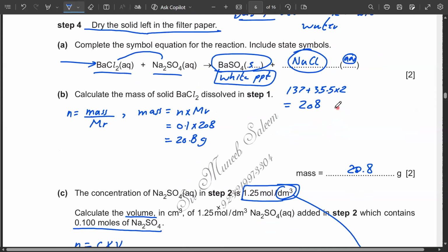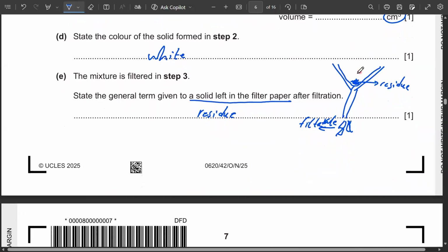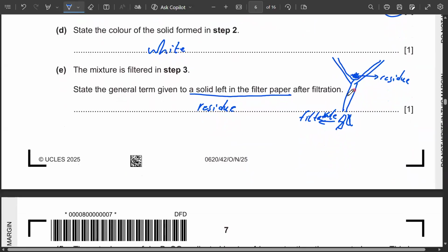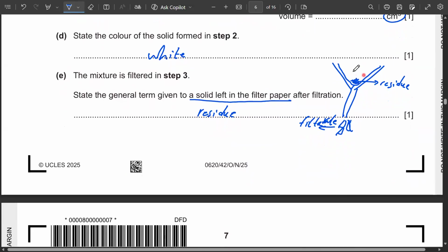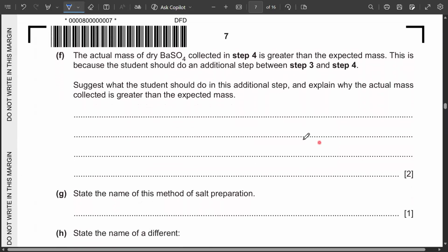So the aqueous form can easily penetrate through the filter paper. We were supposed to get the residue, but the sodium chloride can also penetrate through the filter, and it could be a consequence that they stick together. NaCl could stick to the barium sulfate during the filtration. So for this reason, we can consider some amount of the sodium chloride is also present in the calculated mass.